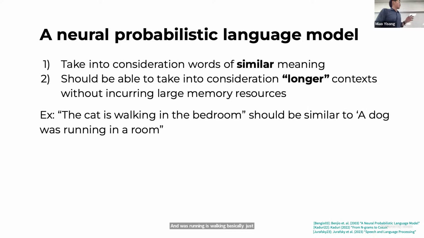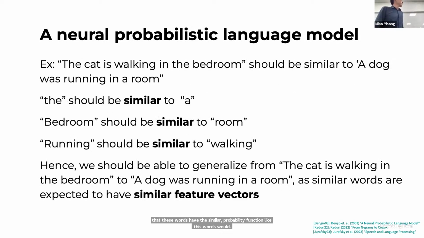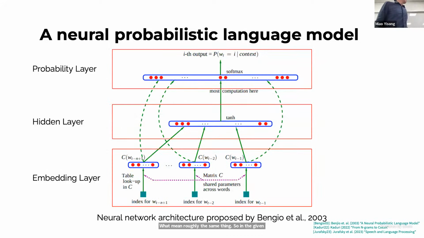So they should be given a similar word vector, and we should be able to make sure that these words have a similar probability function, like these words would mean roughly the same thing. So in the given example, the should be similar to a, bedroom should be similar to room, and running should be similar to walking. And these are the three layers for this neuro-probabilistic language model.